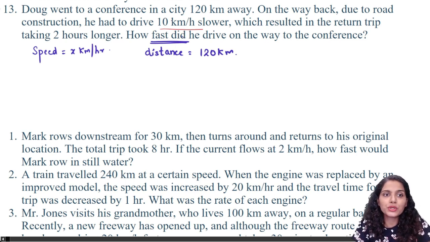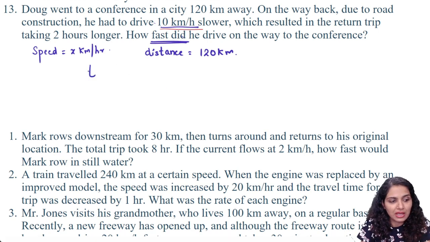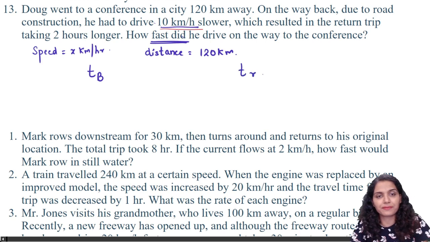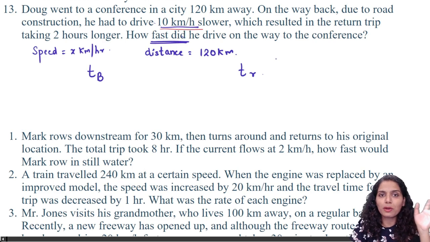On the way back, due to the road construction, he had to drive slower. So the first case will be this and this. Now, let's take the normal case.